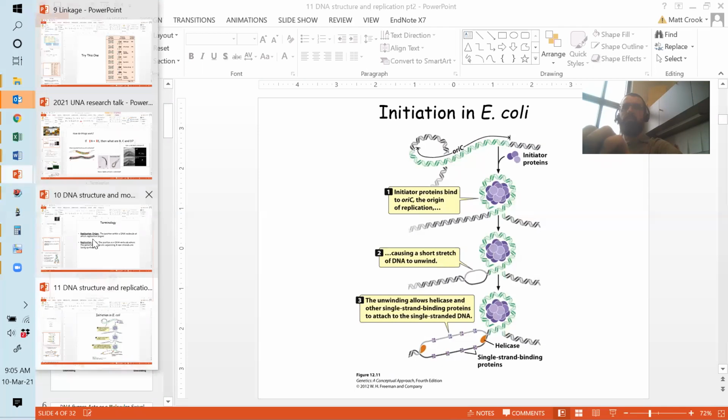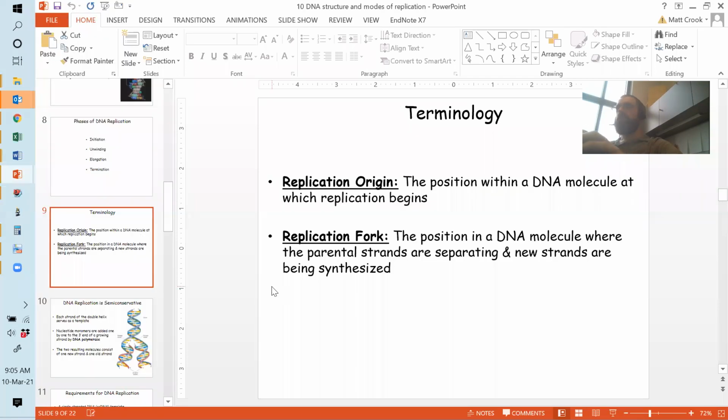Let's get back to this. So there will be specific sites. In bacteria, there's typically just one, right? Because they have a circular chromosome. In eukaryotes, because we have long linear chromosomes, there are multiple origins of replication, right? It's not done in one go.